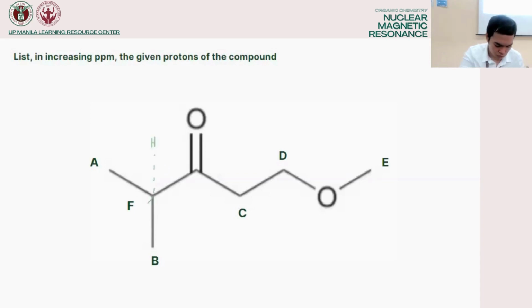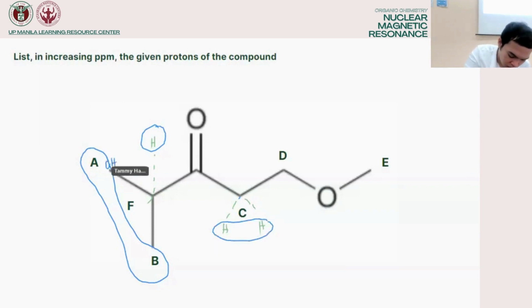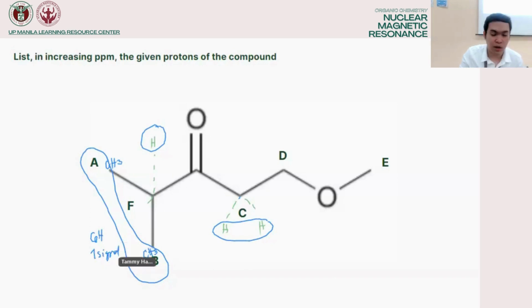So, we will have what? How many signals? 1, 2. Ito, dalawa hydrogens mo dito, pero isang signal lang yan. Ito, anong meron dito? CH3. We have 6 hydrogens, pero 1 signal. Kasi pare-pares lang sila ng nature. Ito, 1 hydrogen, 1 signal.